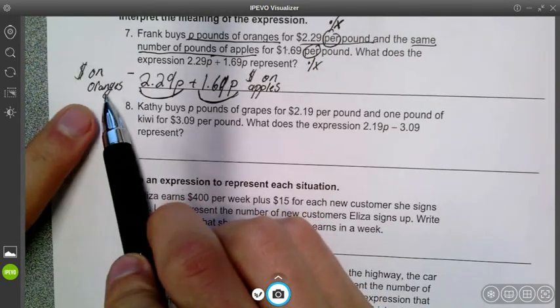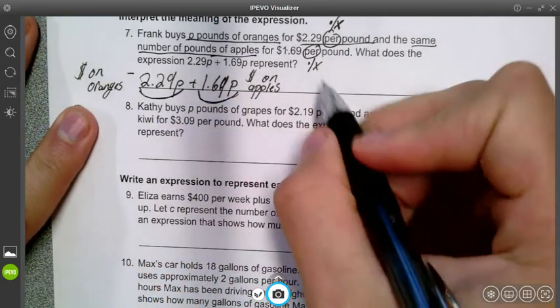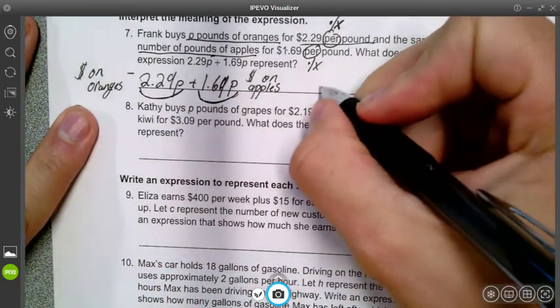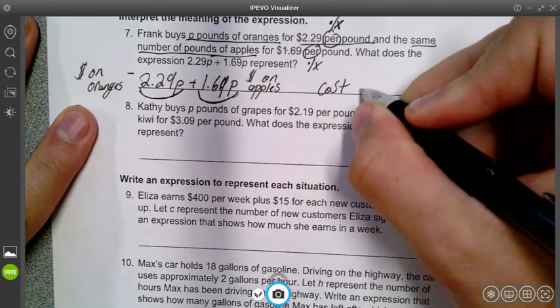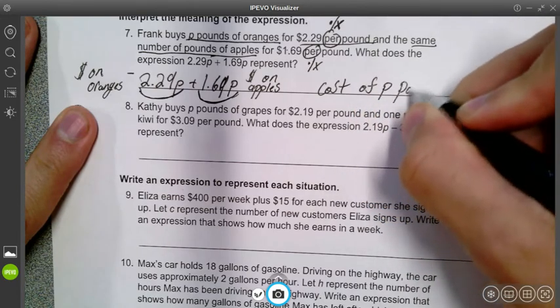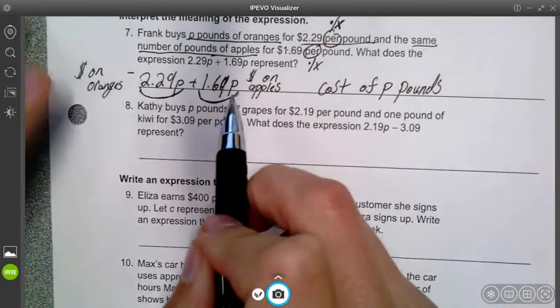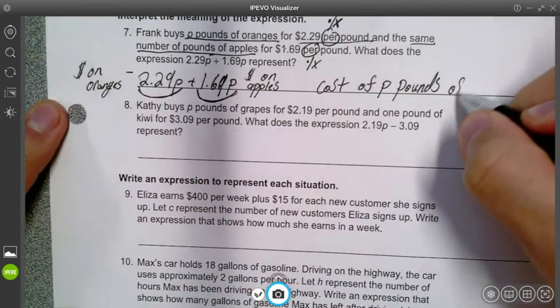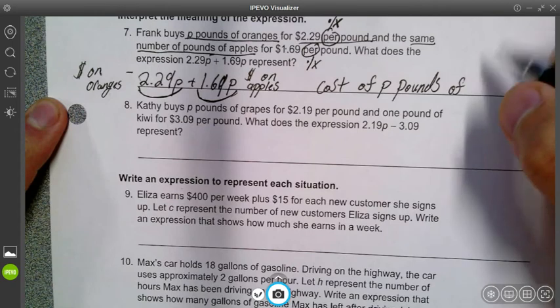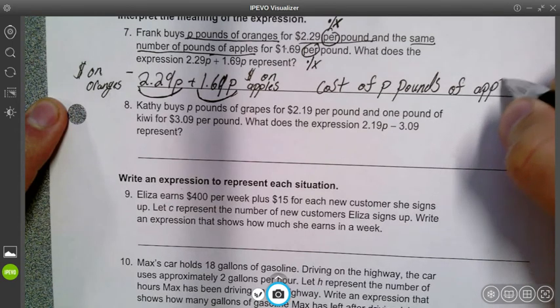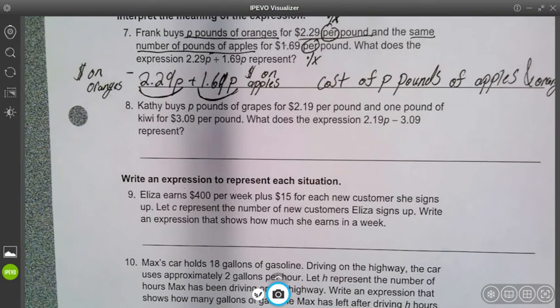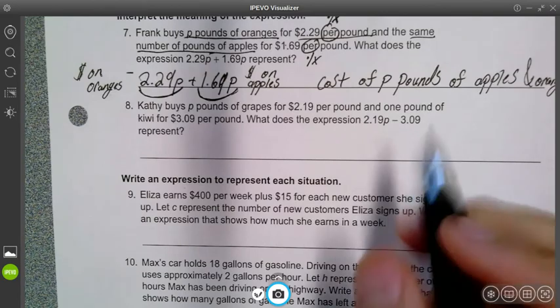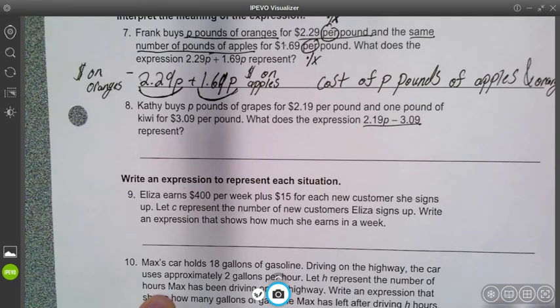But now if I have money on oranges and money on apples, well, we're at the store, so this expression clearly represents the cost of P pounds, because I'm buying P pounds of what, though? Of both apples and oranges. Okay, so give me your best shot at explaining this expression in number 8 on this Ed puzzle.